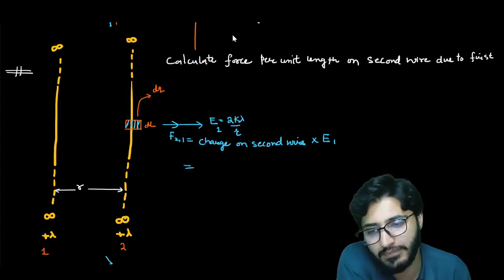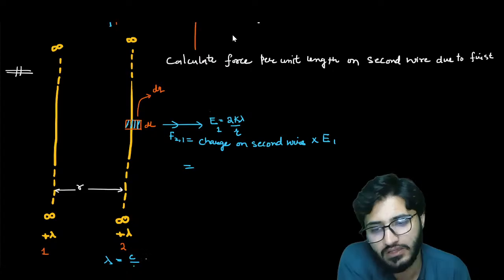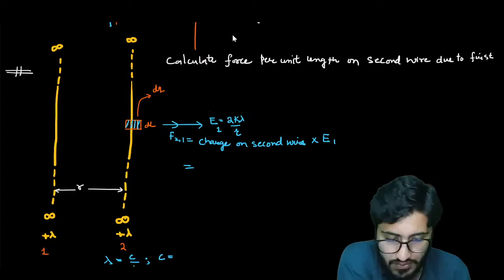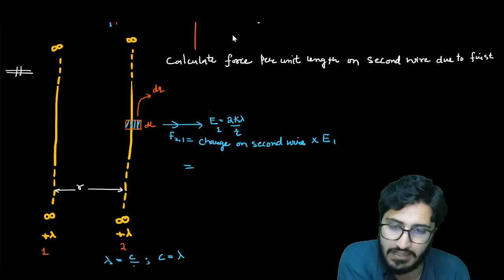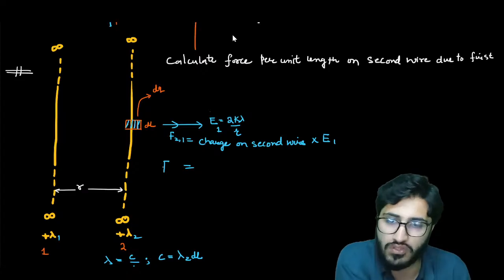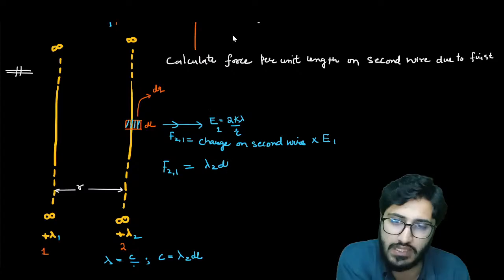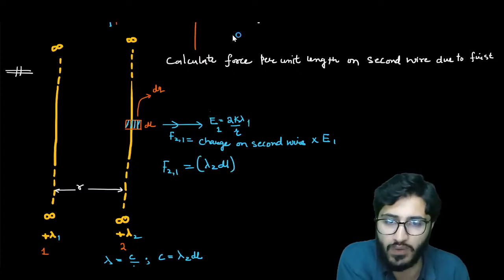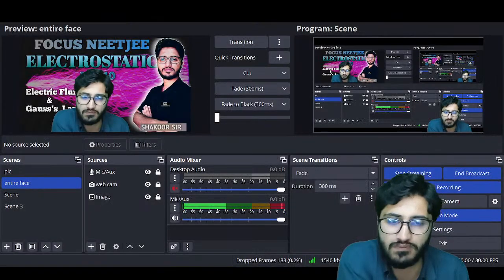We know that lambda is charge per unit length, so charge is equal to lambda times length. Let us suppose it is λ2, so the force on 2 due to first will be λ2 dl multiplied by the field.